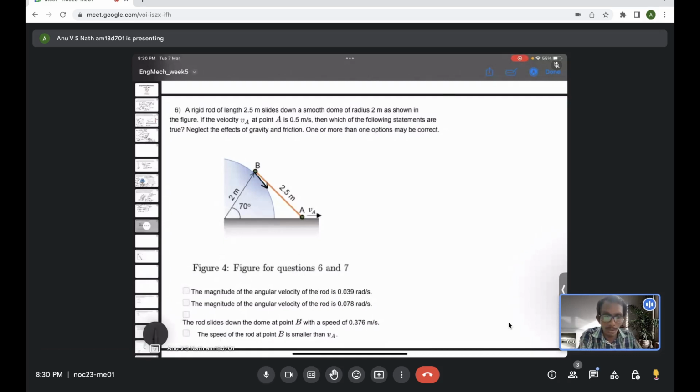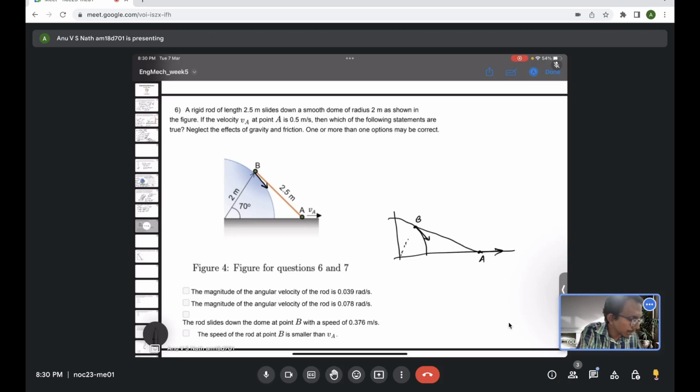So now we got the velocity vectors. Now you know what to do in the instantaneous center method, right? Let me read all the system again here. So the velocity vector at A is pointing in the horizontal direction, and at B it is pointing this direction.